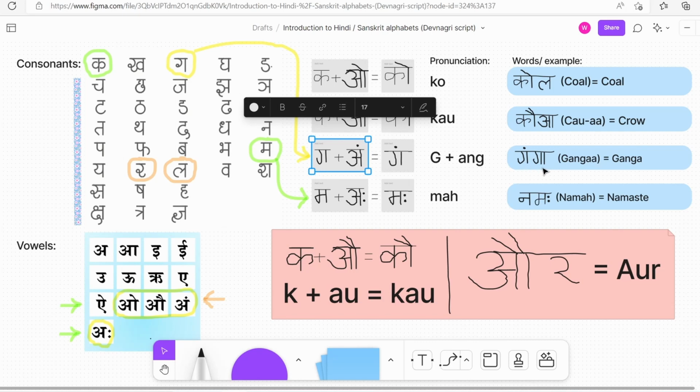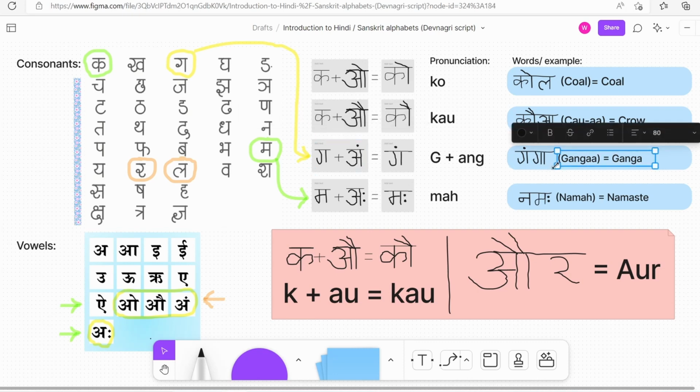Gang and then Ga. Ga is basically G plus A. G plus A is Ga and G plus Ang is Gang. Ganga, you know, Ganga is a river, the holy river Ganga.